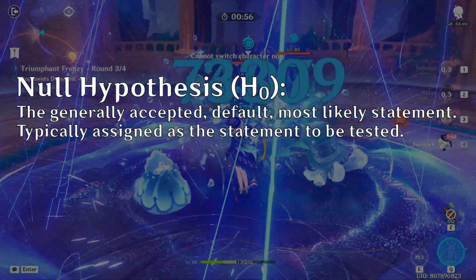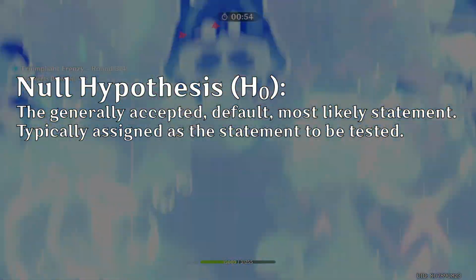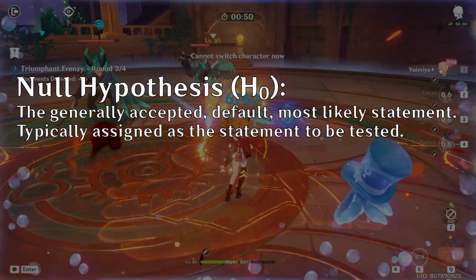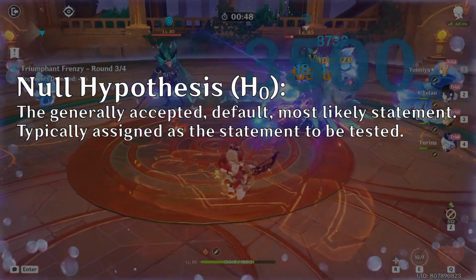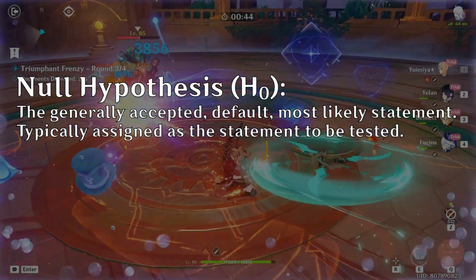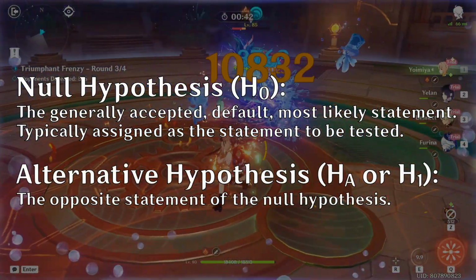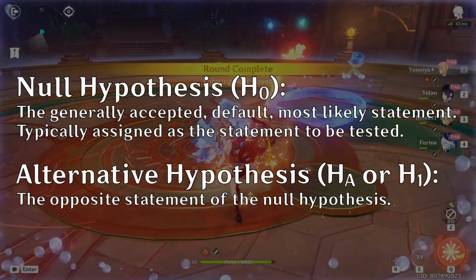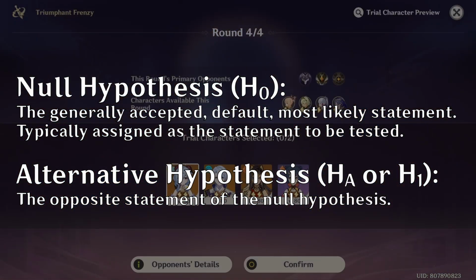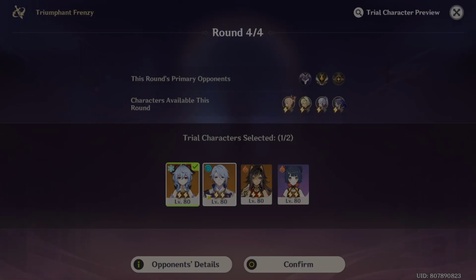The null hypothesis is typically assigned as the generally accepted, default, or most likely statement. For some guidance in choosing a null hypothesis, it is usually the statement that you want to test. The alternative hypothesis is the opposite of whatever the null hypothesis is. This is to make sure that the two account for all possible scenarios.